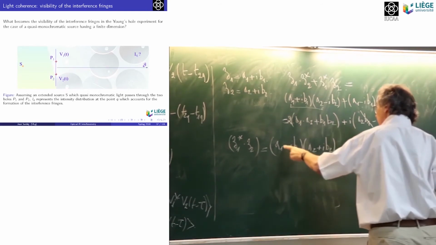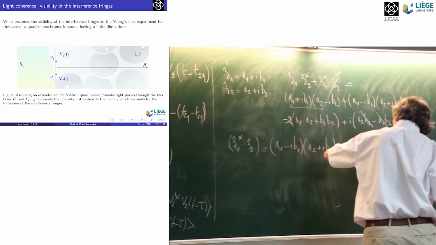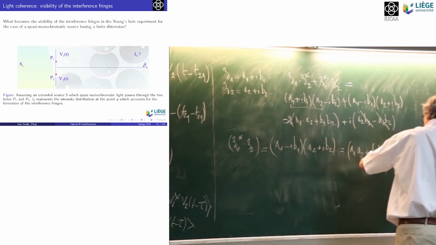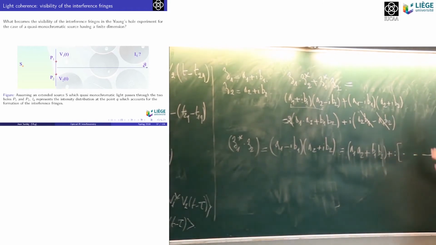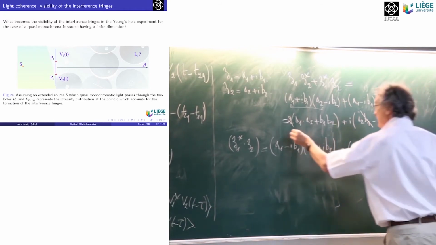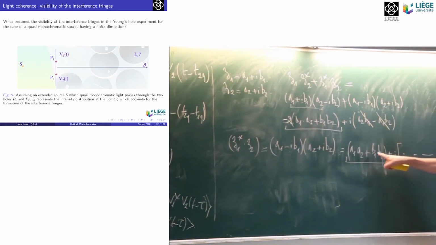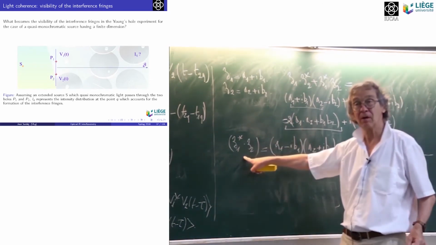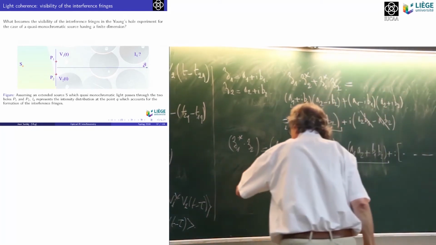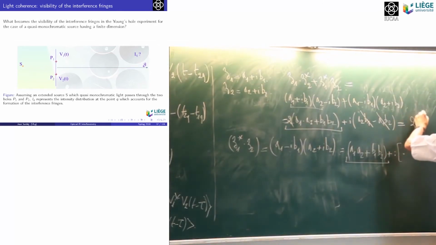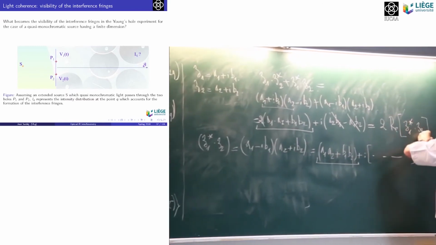So it's equal to A1 A2 plus B1 B2 plus i, and I don't care about that. Because what I notice immediately is that this quantity is twice that quantity. And that quantity is just the real part of Z1 star times Z2. So I can say, okay, this is also equal to twice the real part of Z1 conjugate complex times Z2.